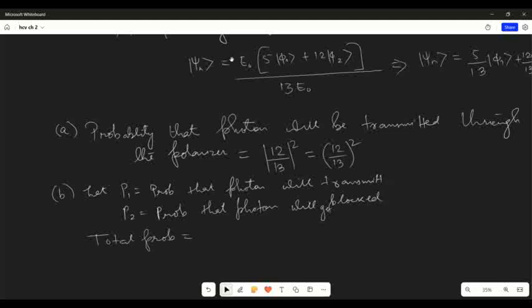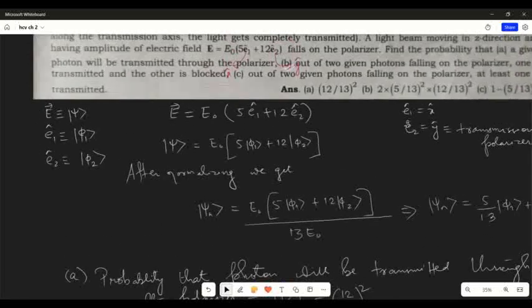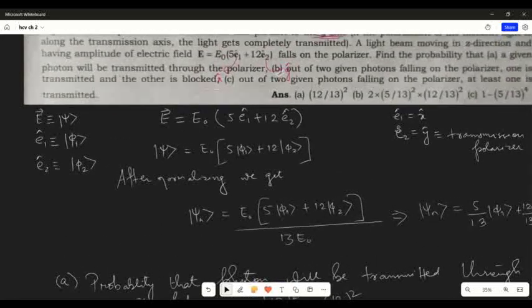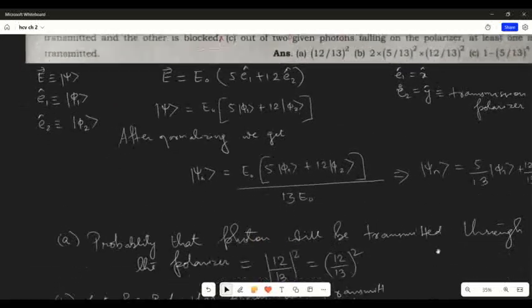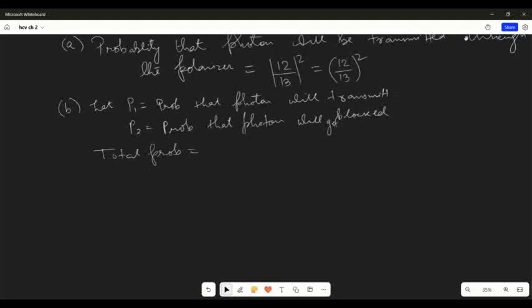It is asked that out of two photons, one gets transmitted and the other is blocked. So the total probability will be P1 times P2 plus P2 times P1.